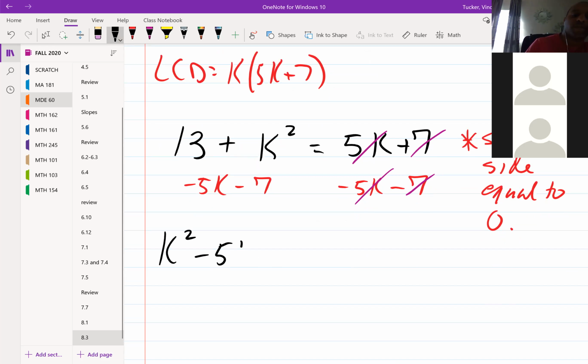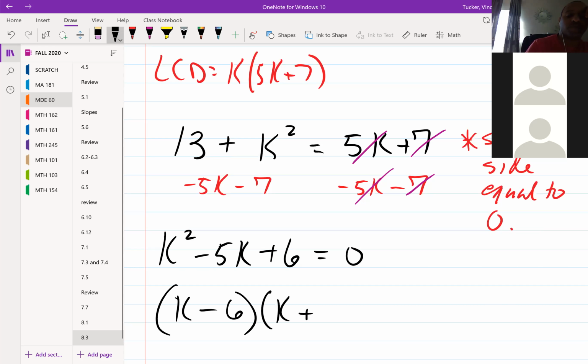Minus 5k, minus 7, I can't touch those. Minus 7 plus 13 is 6. So k squared minus 5k plus 6. Then I factor that.